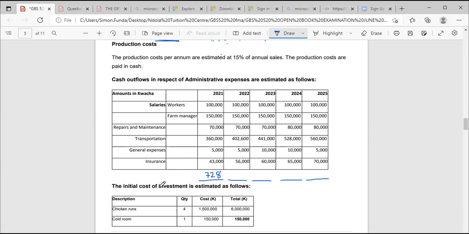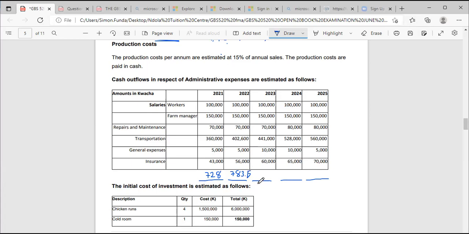In 2022, how much? We do the same. 100 plus 150 plus 70 plus 402.6 plus 5 plus 56, giving us 783.6.